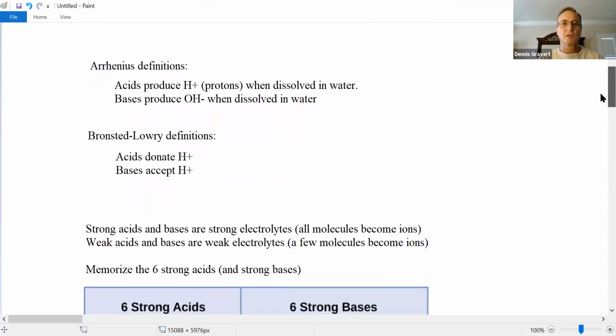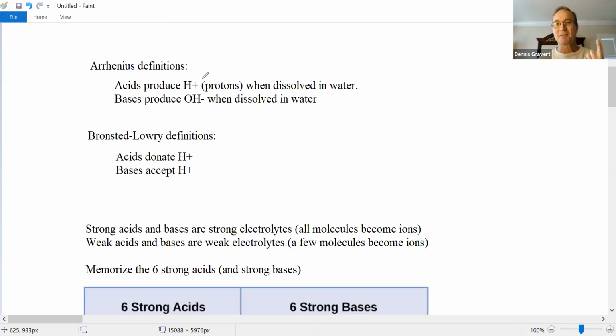This is mostly review. Oh no, there's some new stuff coming in here too. Okay, just to make sure we're all on the same page. There is an older definition of acids and bases called the Arrhenius definition, and that states that acids are substances that produce hydrogen ions. And remember, that's essentially a proton, right? Hydrogen's the first element.